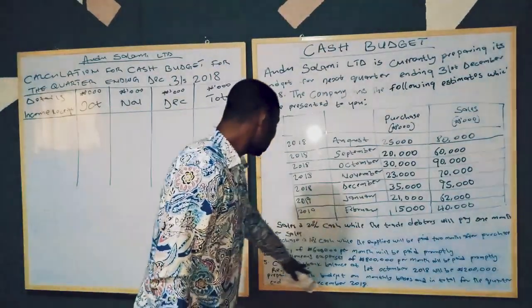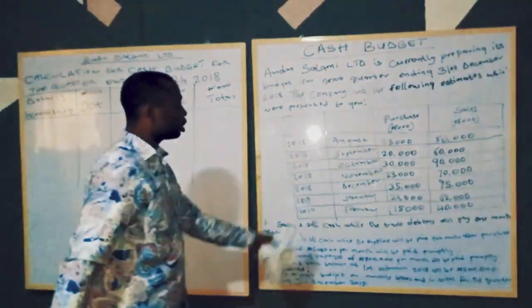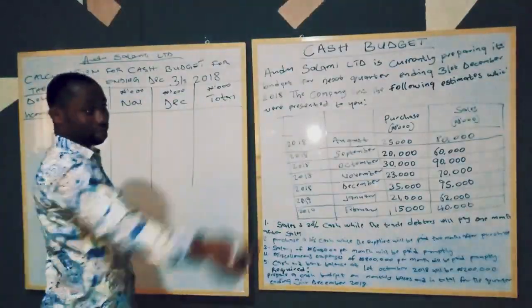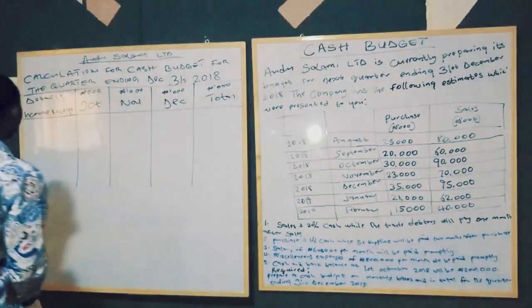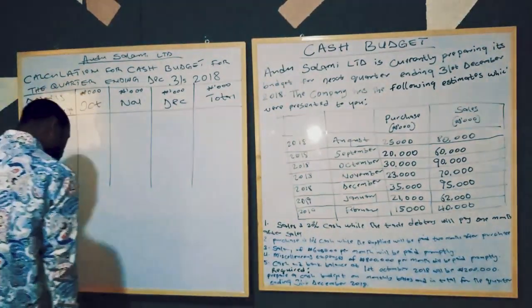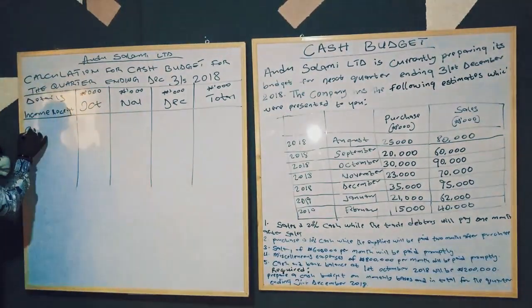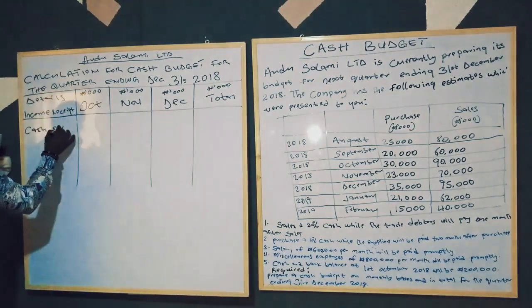So we don't have any other additional information pertaining to income, so most of them are expenses. Since our only income comes from sales, the first thing is cash sales.